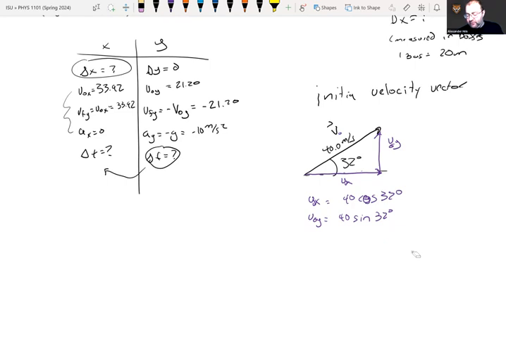We need the delta T. So I'm going to use this equation: V final Y equals A sub Y delta T plus V initial Y. Again, if we didn't realize this identity, that V final Y is just equal to the negative of V initial Y, we wouldn't be able to use this equation.